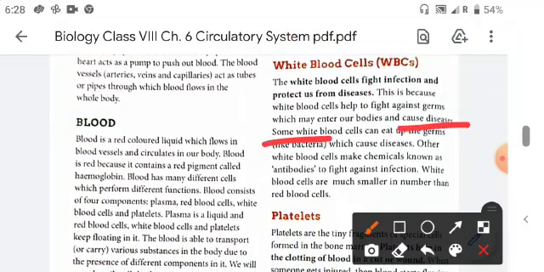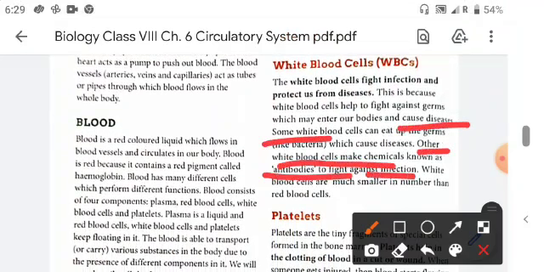So white blood cells fight against disease-causing factors. Okay, now white blood cells make a chemical known as antibodies to fight against the infection. Any infection will occur when your antibodies are weak.